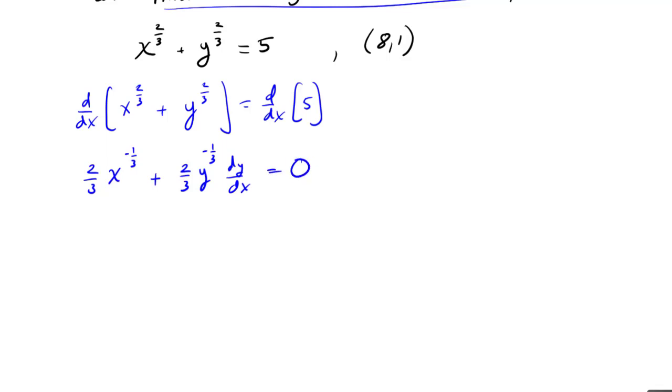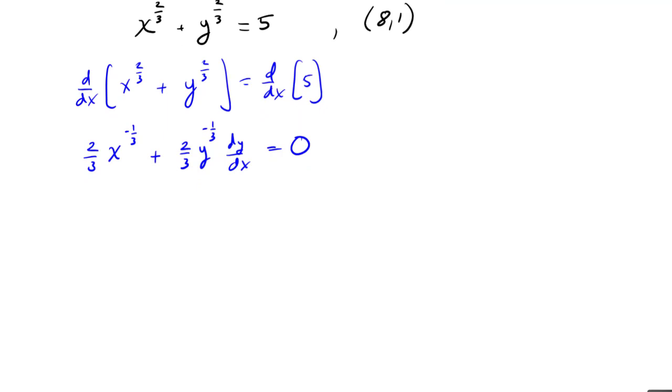Okay, so just solve for dy/dx now. So 2/3 y to the minus 1/3 dy/dx is minus 2/3 x to the minus 1/3, divided over.